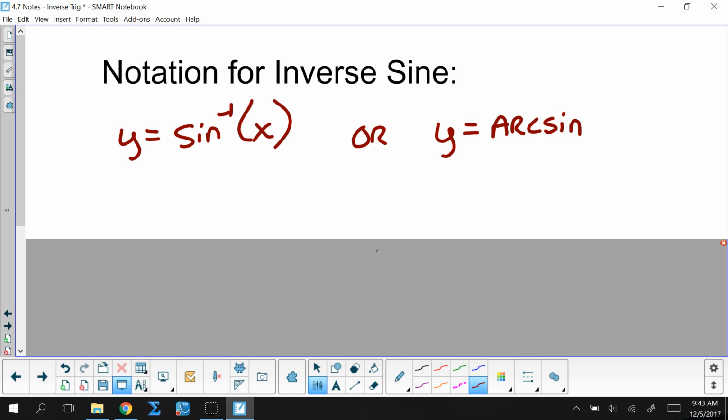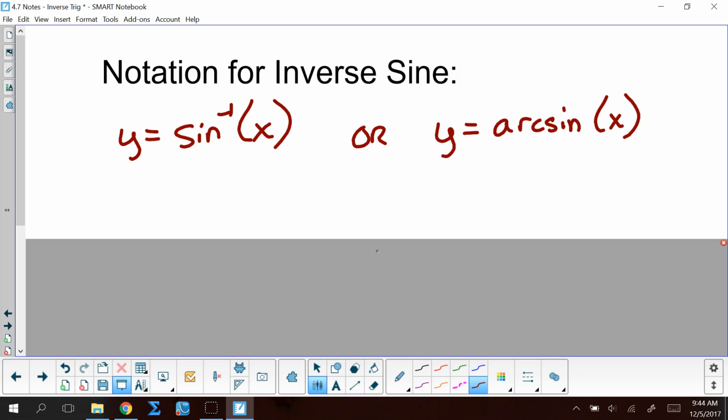I should write it in lowercase because I've been writing all of my trig functions in lowercase. The other one is called arcsine. Both of them mean the exact same thing. So you'll see it on the next slide both ways.